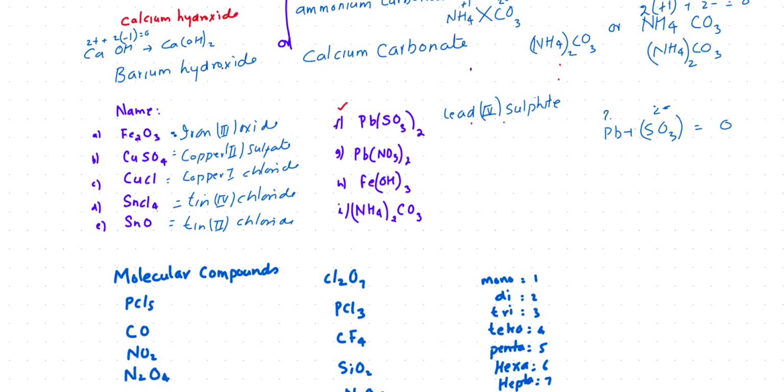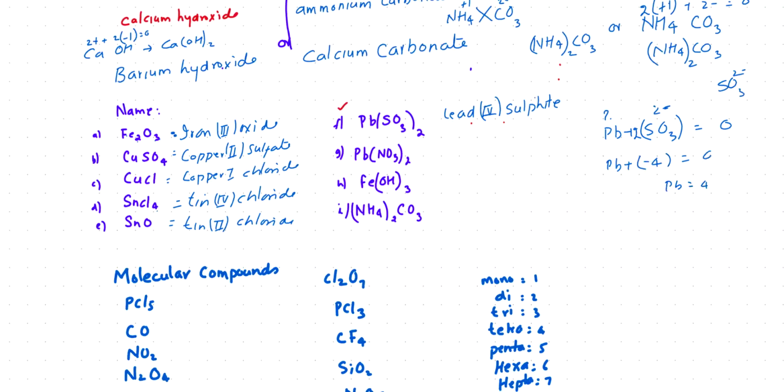One sulfite is -2, so two sulfite means -4. So Pb plus -4 equals 0. So Pb equals 4. Like this you can calculate. So the name will be lead 4 sulfite. SO3 2 negative is called sulfite. So here lead valency is 4.